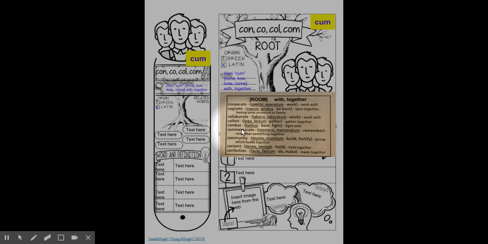And so forth, like with commemorate, community, committee, because mitto means send. So we have com, C-O-M, and mitto, we spell M-I-T-T-E-E, but the original was M-I-T-T-O. So it's keeping its root word forms.